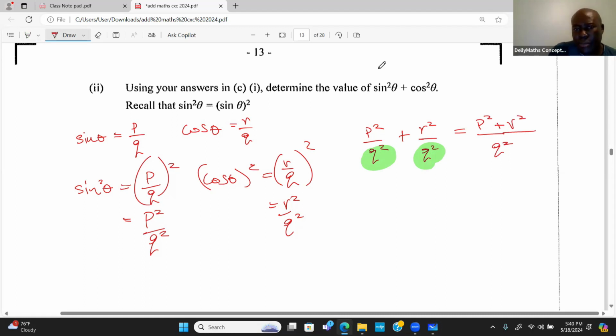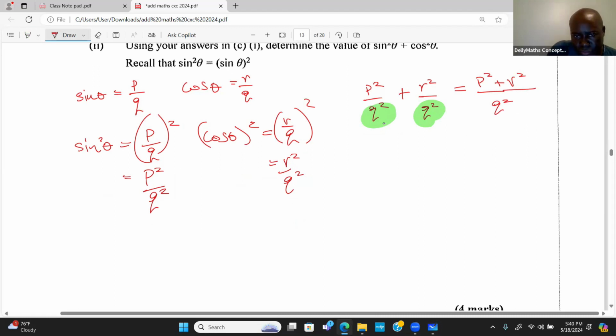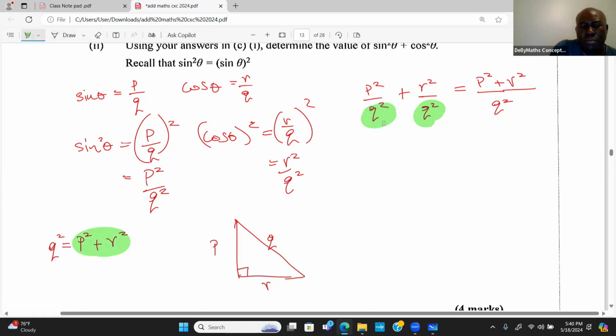Now, we're almost there. If you take your triangle that they gave you, this was P, this is R, and this is Q. Using the Pythagorean theorem, it is said that Q squared is equal to P squared plus R squared. So what it means, then, is I could substitute P squared plus R squared for Q squared right here. That means I could put Q squared over Q squared, and this will work out to be 1.